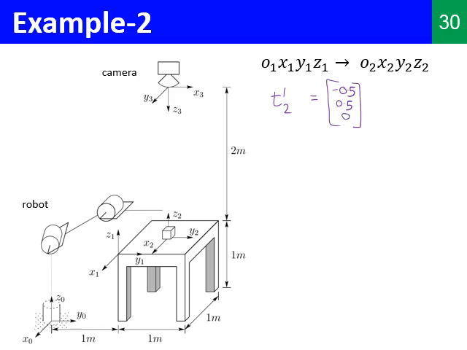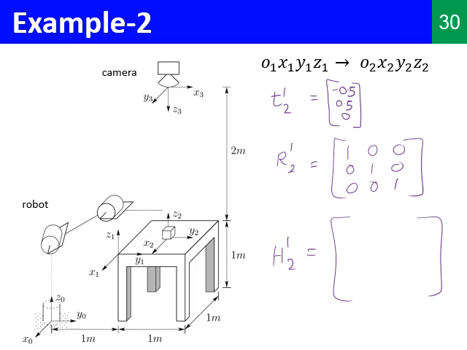Okay, and the rotation matrix between frame 1 and 2, again we see both these frames have the same orientation, therefore we can write the identity matrix. Okay, so the resulting H matrix would be this is the translation part and this is the rotational part. Pretty straightforward, isn't it?